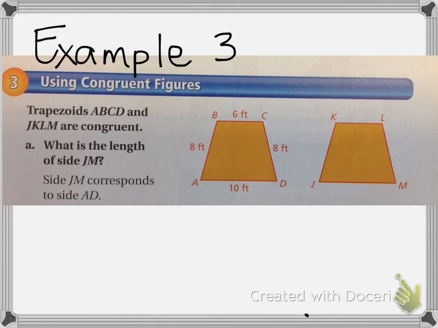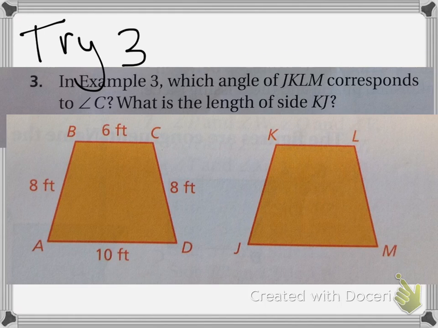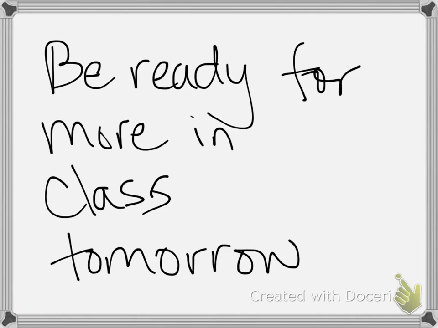Trapezoids ABCD and JKLM are congruent. You need to figure out what the side length of JM should be if they are congruent. Remember, the sides need to be the same if they are congruent. Plug that answer in and move on. And be ready for more examples in class tomorrow.